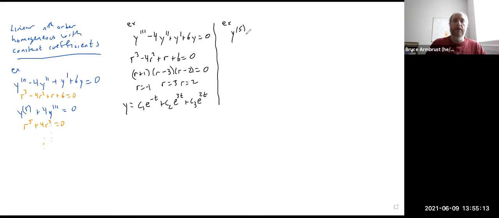We've got the fifth derivative of y plus 4 times y triple prime. But I'm going to make this an initial value problem. So we're going to need to know y of 0, y prime of 0, y double prime of 0, y triple prime of 0, and the fourth derivative of y at 0.